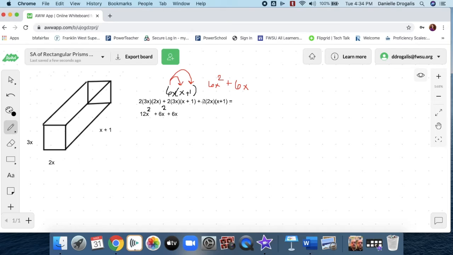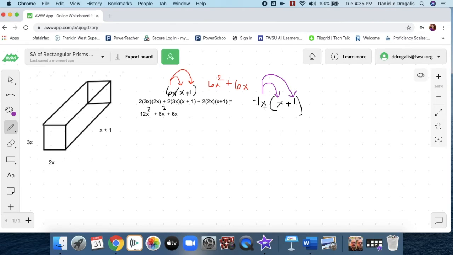And we're going to repeat this process, this third step of the last 2 faces here times their dimensions is going to look a lot like what we did in the middle. So I would recommend do 2 times 2x, so that gets us a 4x. And then we're going to have, I'll just slide that over, 4x, it'll be multiplied to that same quantity, x plus 1. And we're going to do our distribution. Let's go to purple. 4x times x and 4x times 1.